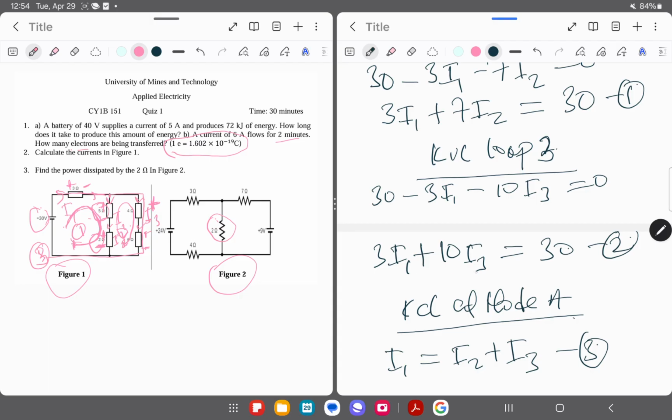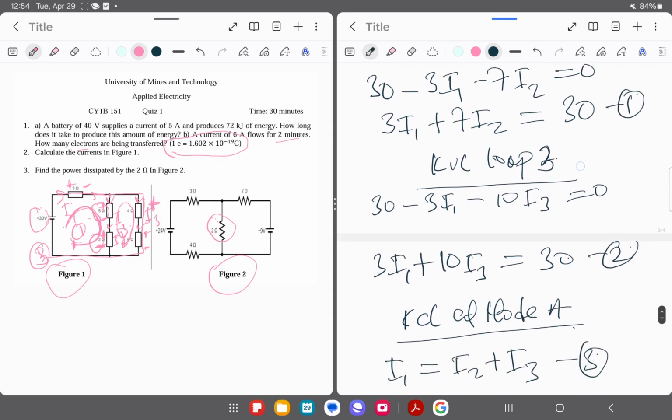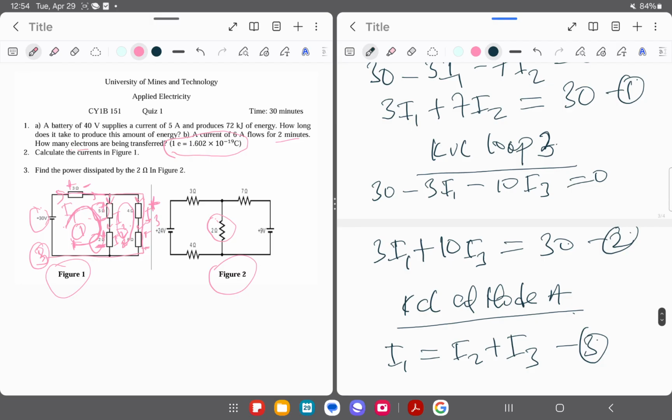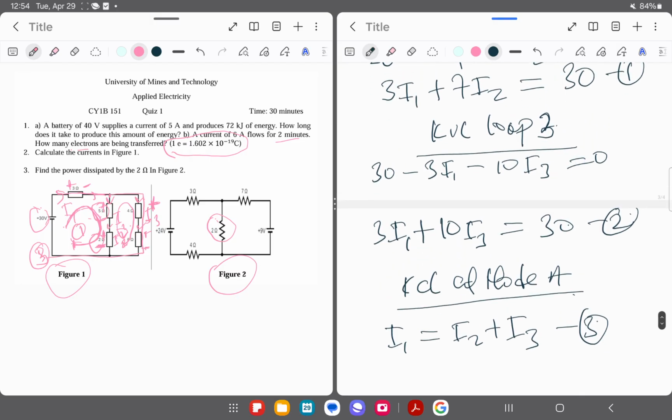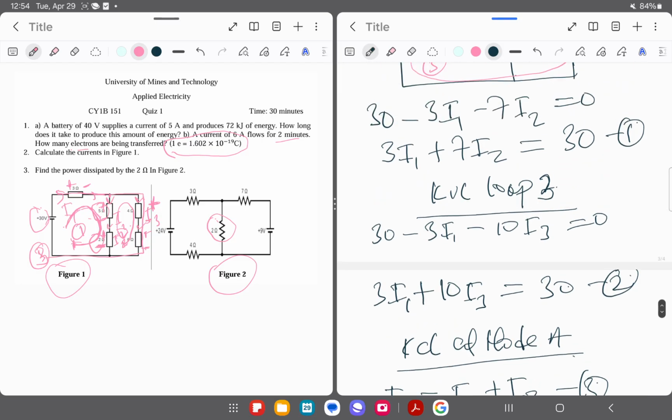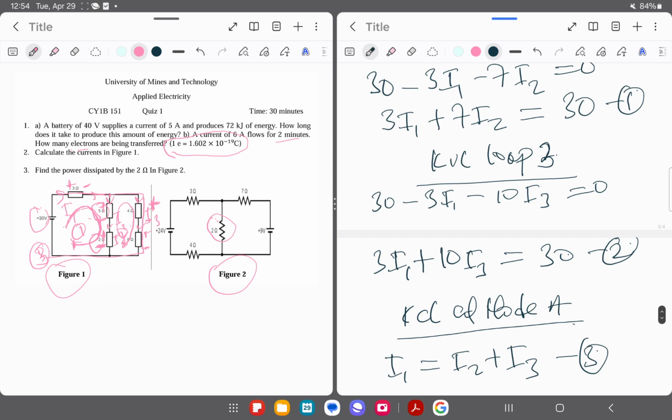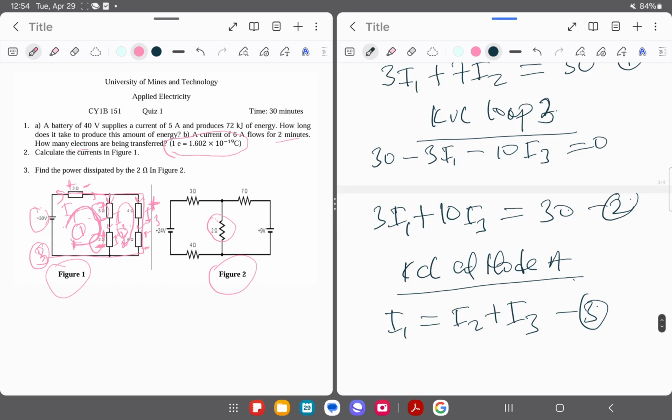Here we have I1, I3. I'll make I3 the subject of equation 3, so that we have I3 equals I1 minus I2, equation 4.